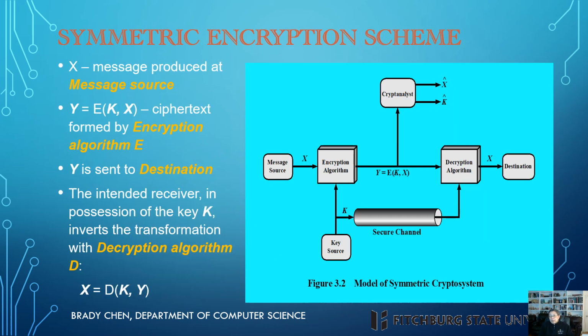So here we summarize the symmetric encryption scheme in this diagram. It's pretty much the same as the previous one, but we have a message, that's the plain text, an encryption algorithm, a decryption algorithm, and then we have a key. Now we need to build a secure channel to share the key between the sender and the receiver.